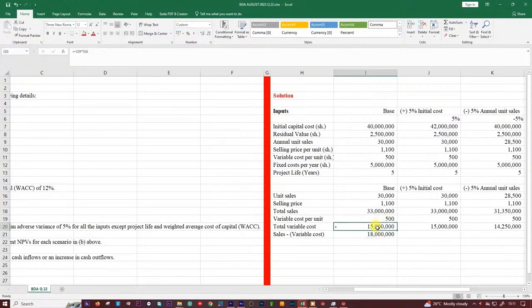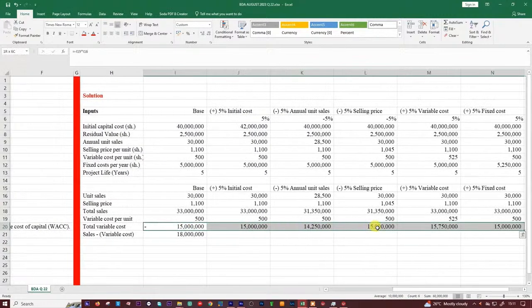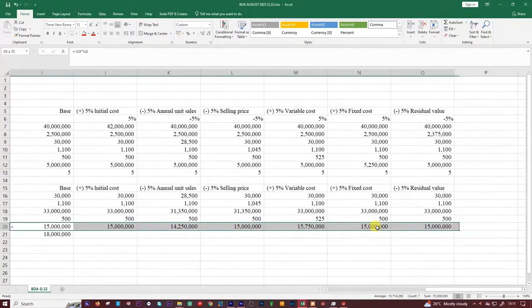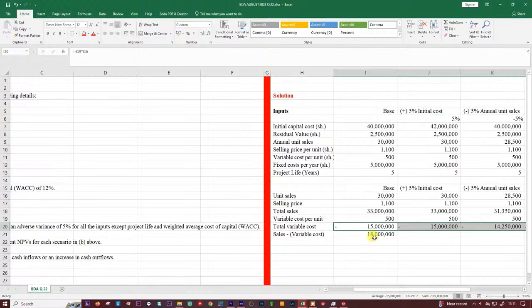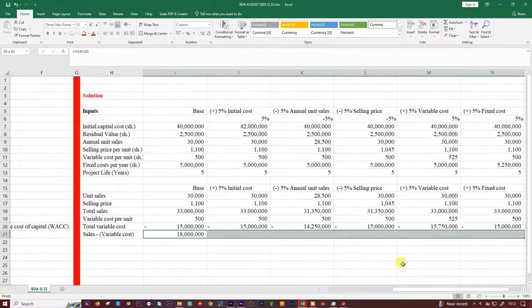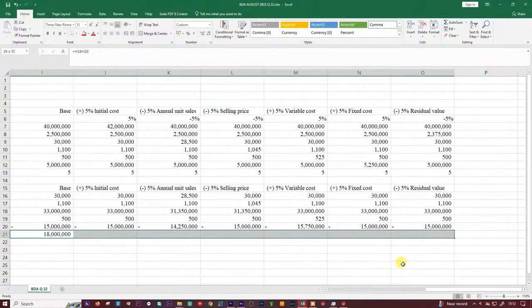Then I move it towards the right there, so that now we can show that it is indeed a cost. And so you can see the sales variable cost actually changes there. So now what is left is for me to just drag it like so.